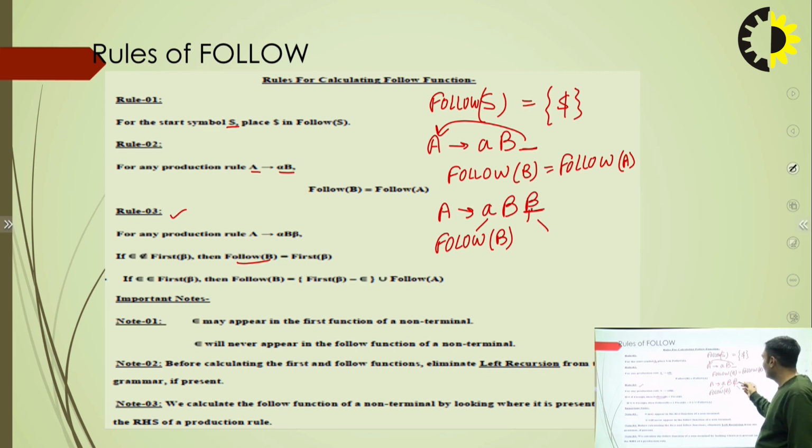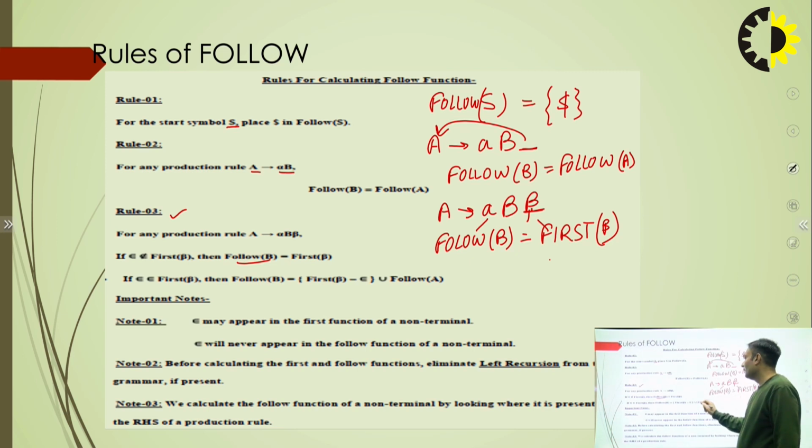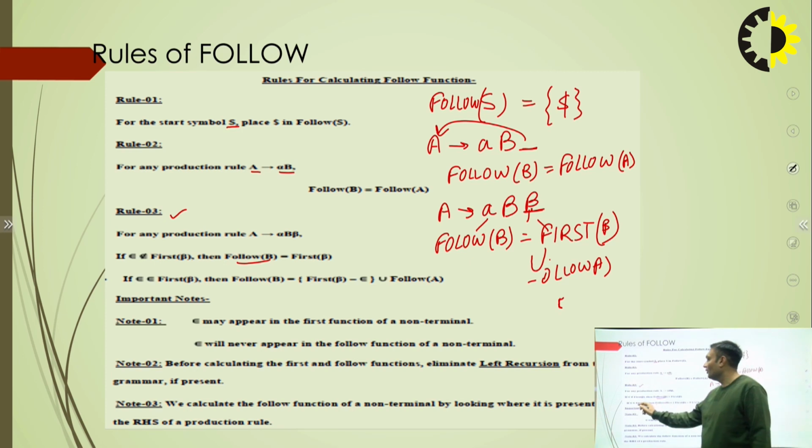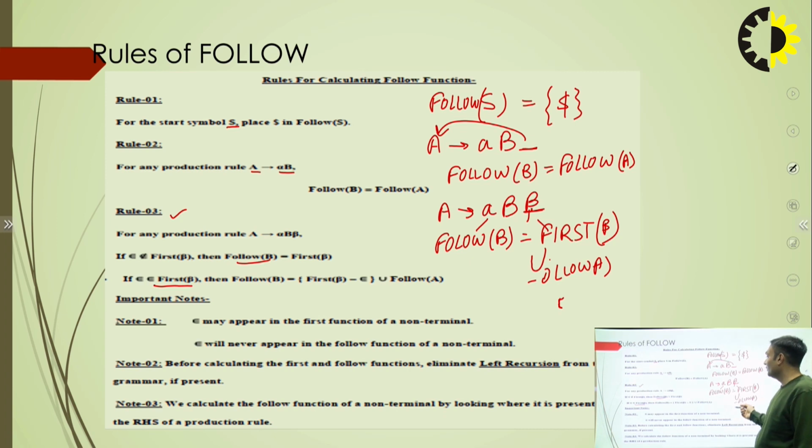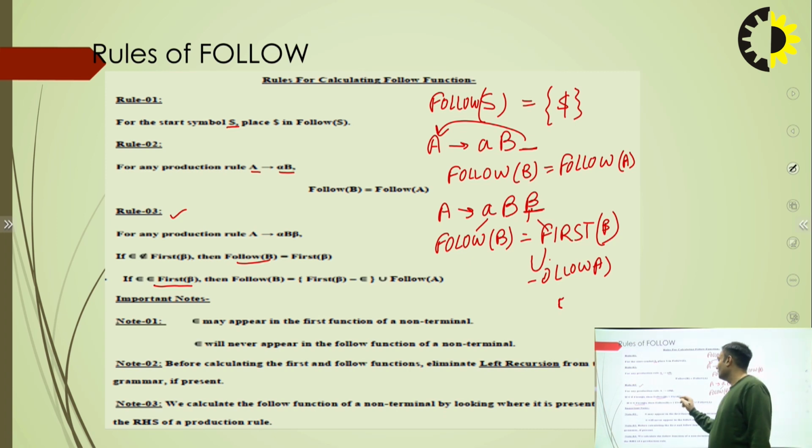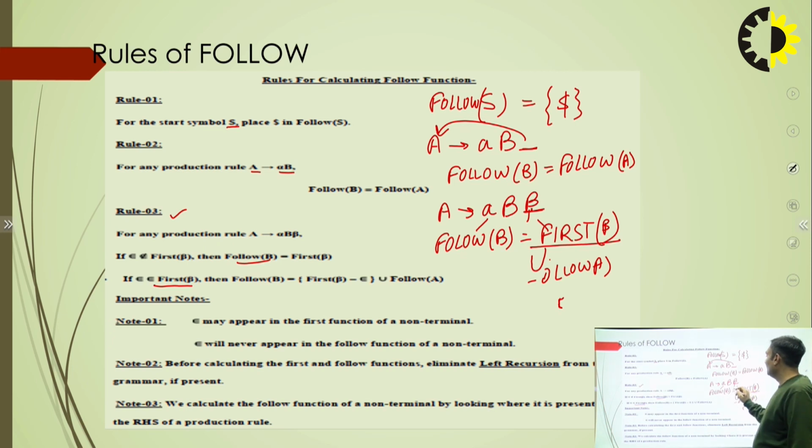If beta is not a terminal, then it is the first of beta, as well as the union of the follow of A, if epsilon belongs to this first. If epsilon doesn't belong to this first, then simply the first of beta will be the follow of B.